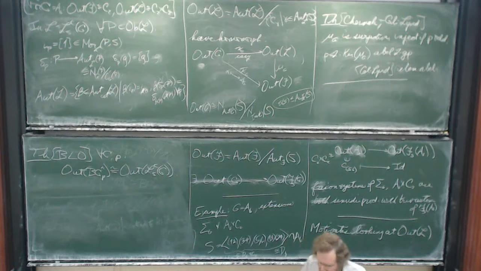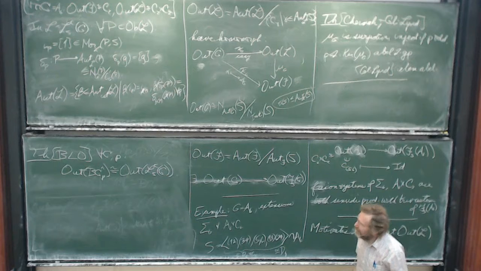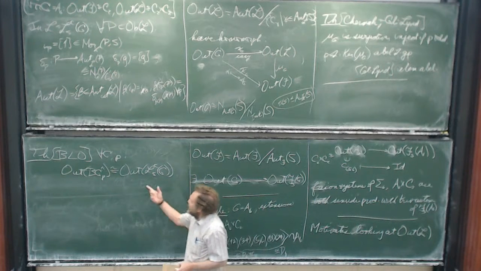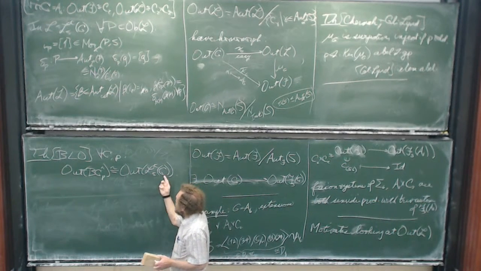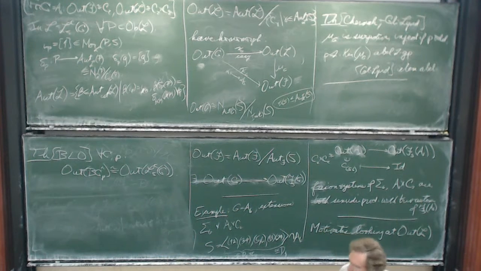So this is another indication that the outer automorphism group of the linking system is really a more natural group to look at than the outer automorphism group of the fusion system, at least when they're not isomorphic.